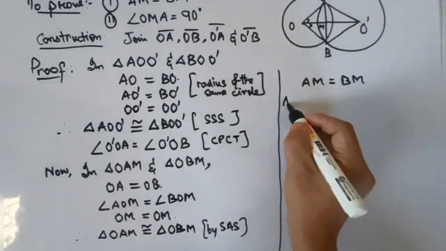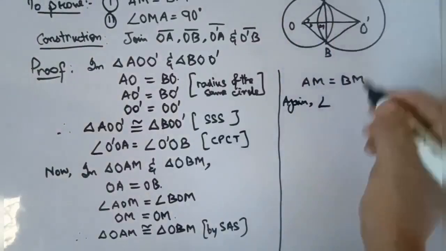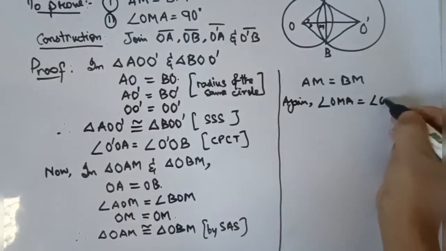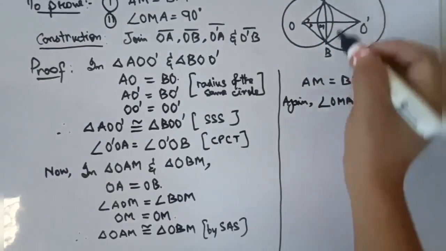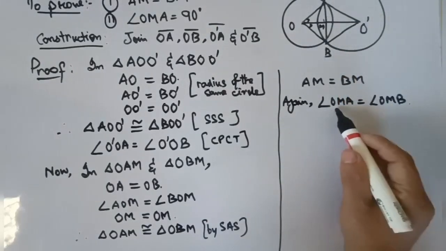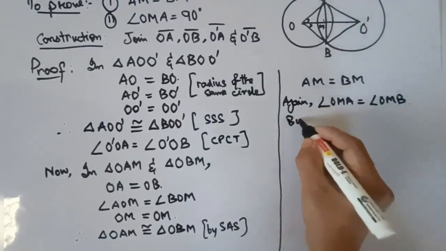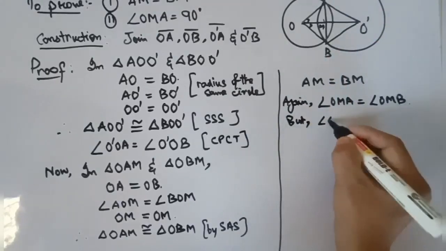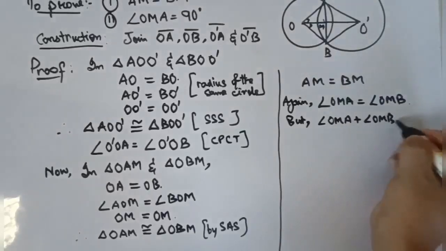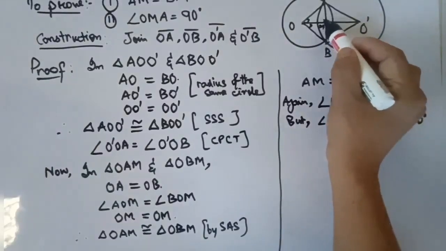Now, again, angle OMA is equal to angle OMB. That is, these two angles are equal in measure. This is the corresponding part of the congruent triangles. But we know that angle OMA plus angle OMB is equal to 180 degrees, that is, these two angles form a linear pair.